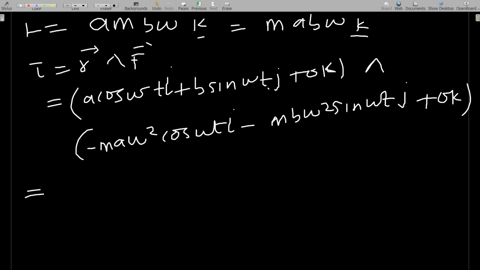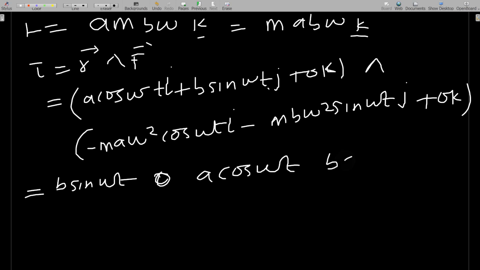Now this is equal to, I said write the first one from the second component, so b sine omega t, then 0, then the next a cos omega t, then I end up at b sine omega t. Then I come to this part, minus m a omega squared cos omega t. Sorry, you said we should write from the second part, right?